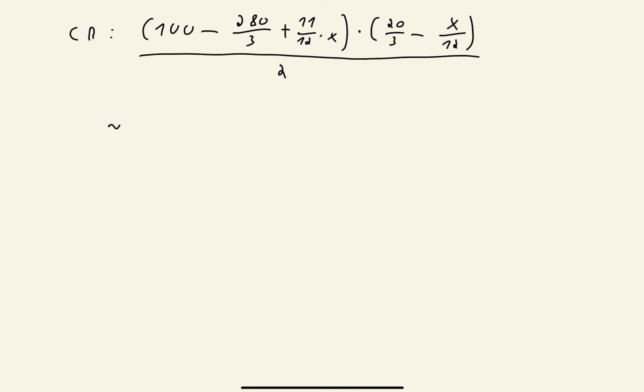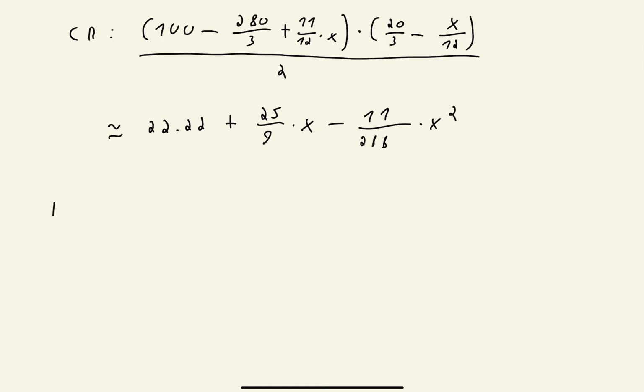And this is roughly 22.22 plus 25 divided by 9 times X minus 11 divided by 288 times X to the power of 2.